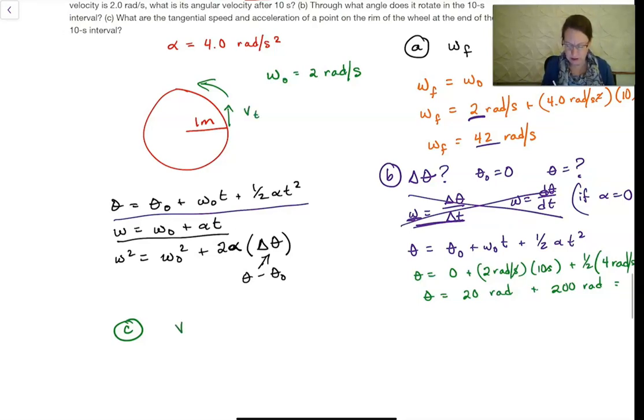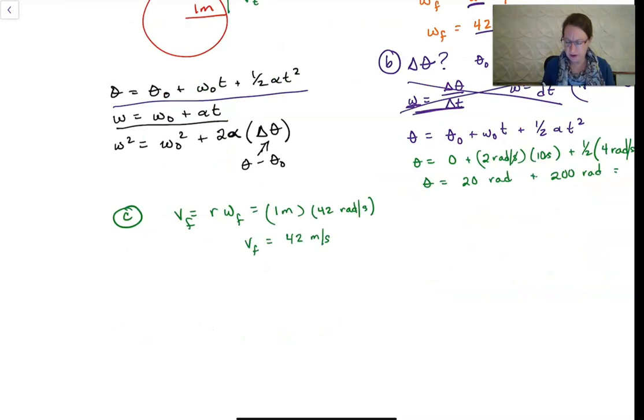So v is equal to our omega times r, so v final, this v is increasing as we go along, but it's 1 meter. So we've got 1 meter times 42 radians per second. So v final equals 42 meters a second. Radians drops out when we don't need it anymore.